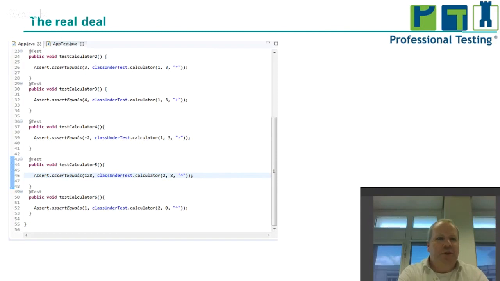For instance, the first test is test calculator 2, and it asserts that if I have a calculator that does a 1 and a 3 with a multiply operand, the result is 3, and this test will then pass. If you look at these 6 tests that I've put in here, they're all very similar. They all use the assert statement to just see whether I get the expected value back if I put some operands into my function. So this is not scary. Everybody can do this.